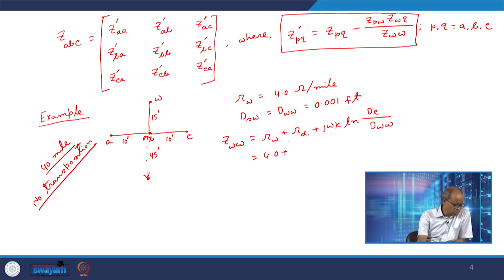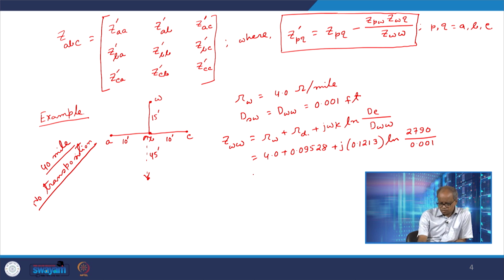Rd we already said in the earlier example is 0.09528, plus j omega k, which is 0.1213, times log dE, which is 2790, as we said in the earlier example, divided by 0.001, right?